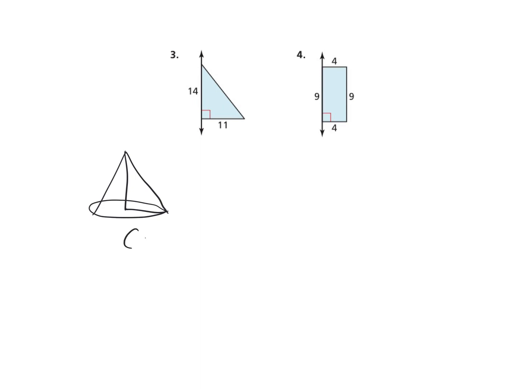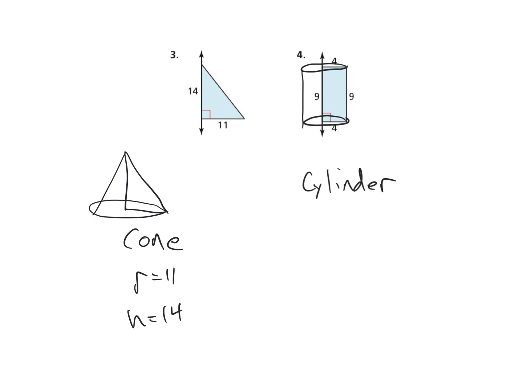So this is going to be a cone again. The radius is 11 and the height is 14. This here, we rotate all corners and then we connect the sides. That is going to be a cylinder. So what you're doing is you're drawing ellipses when you do those rotations. So the radius is 4 and the height is 9.